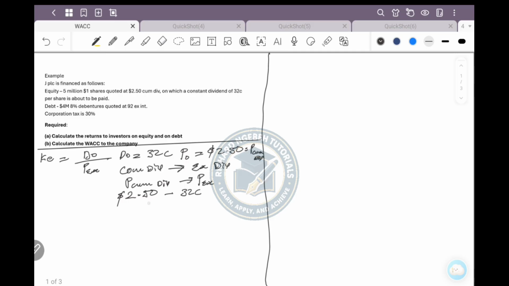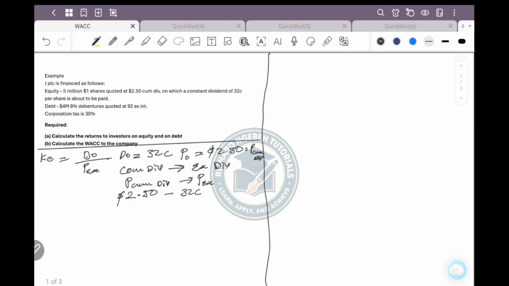You cannot subtract 32 cents from a dollar. So all you need to do is change them either all to dollars, which will be 32 upon 100, $0.32.